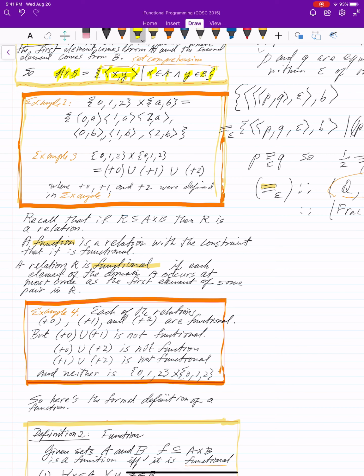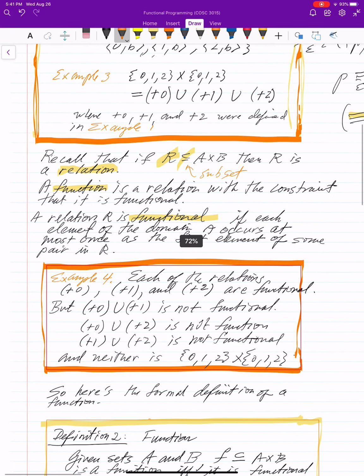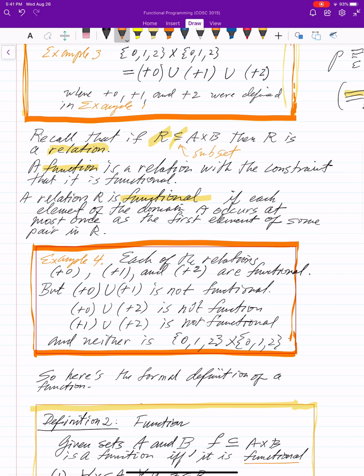So now here's something that, I'm not sure if they go over this carefully in 2030 or not, but a relation R is a subset, so remember that subset, of some Cartesian product.